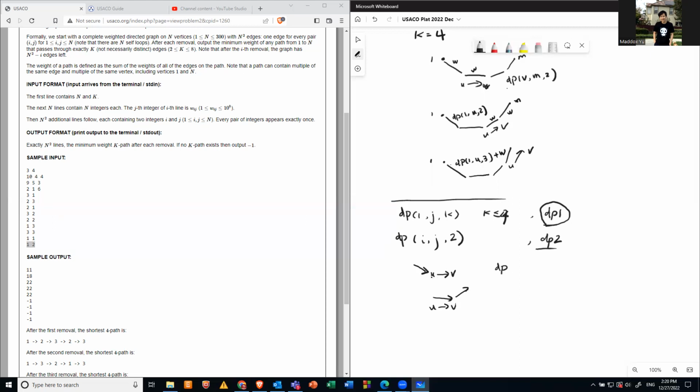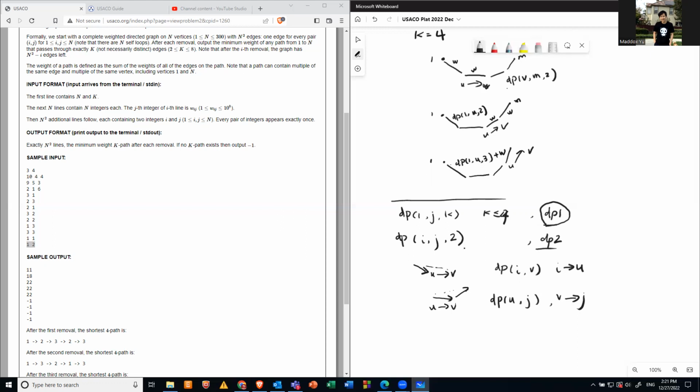Every time you add an edge u to v, you only need to update from i to v, where i goes to u, or you update dp of u to j, where v goes to j. You only need to update those 2 cases, meaning the minimum of the original and this condition.